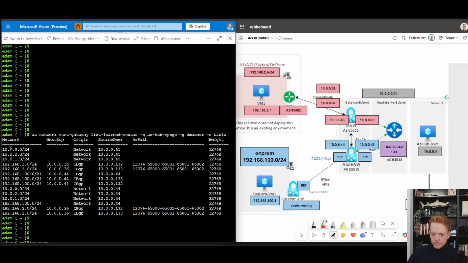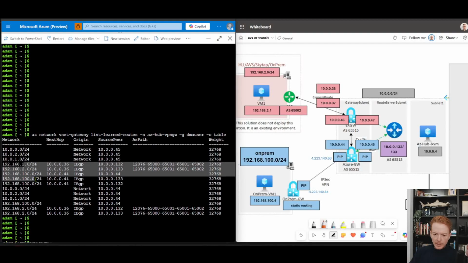The first three make sense, right? These are all VNet address spaces, so they're the Azure networks, and the source peer is itself. That's Azure's way on the VPN gateway of saying they're just on net. We don't have to worry about them.